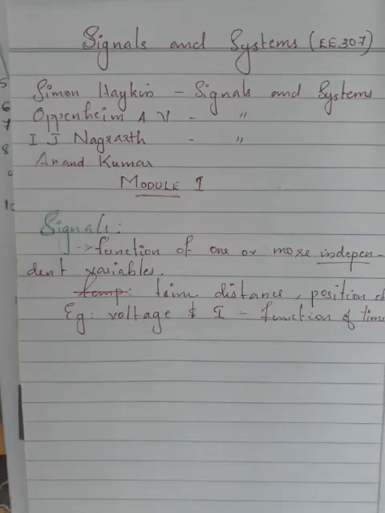So what have we said? A signal is an entity that conveys some amount of information that we can transmit or receive. So a signal may be some amount of information, or a signal is a function of one or more independent variables like time, distance, position, etc. Or we can say a signal is a function which represents a physical quantity or variable which contains information.